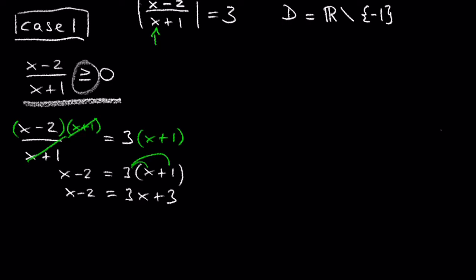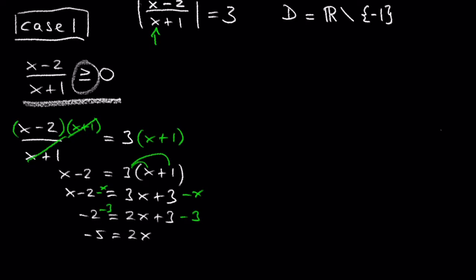Subtracting x on both sides leads us to -2 is equal to 2x plus 3. Subtracting 3 on both sides and we get -5 is equal to 2x.